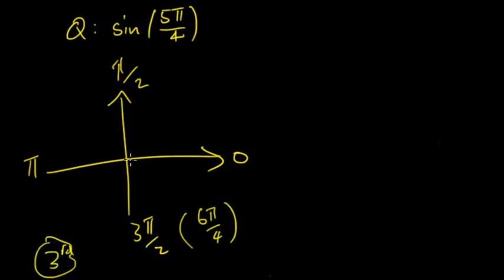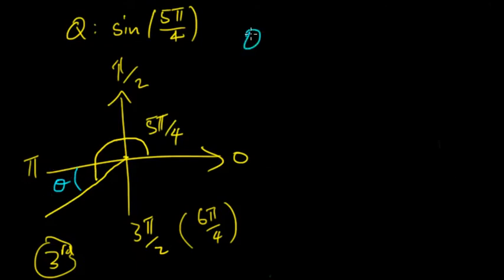So we know it's in the third quadrant, and we know the line comes down here, and this angle here is equal to 5 pi on 4. So what's the angle we want to find out? We want to find out this angle. So how can we get this angle here? Well, theta is going to be equal to 5 pi on 4 minus this angle here.